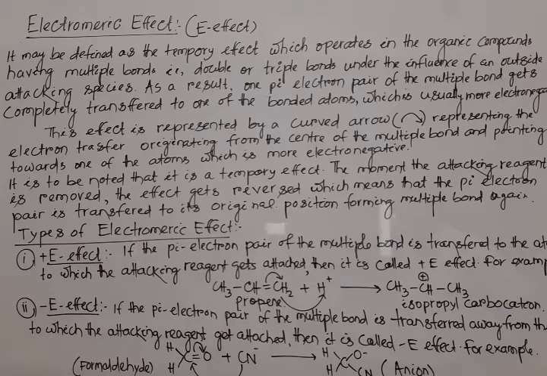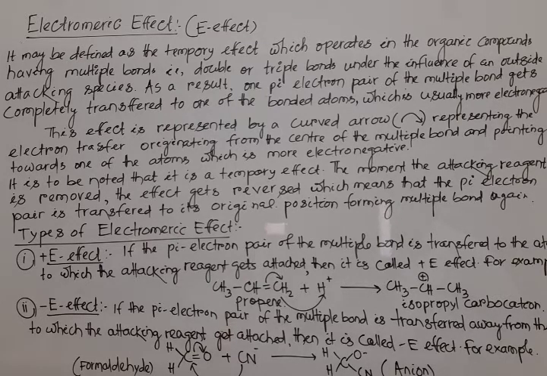As a result, one pi electron pair of the multiple bond gets completely transferred to one of the bonded atoms, which is generally more electronegative.